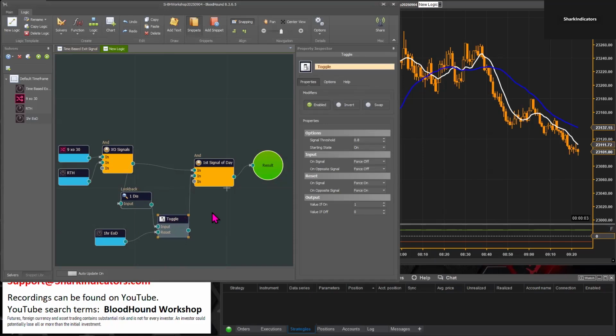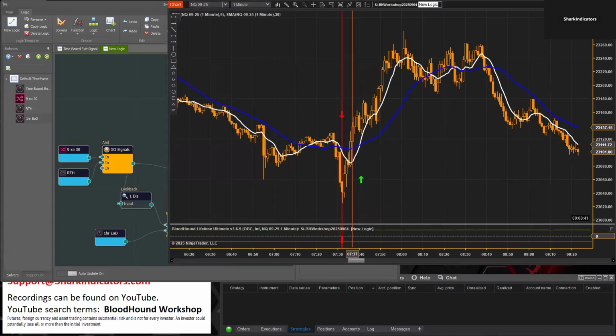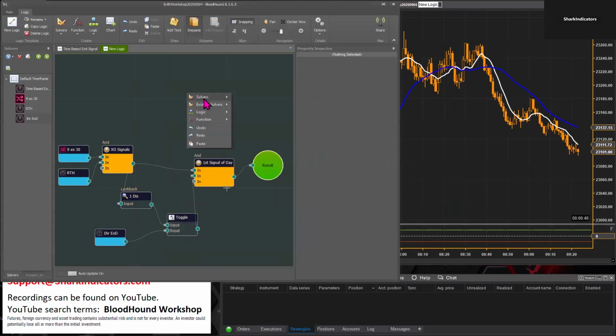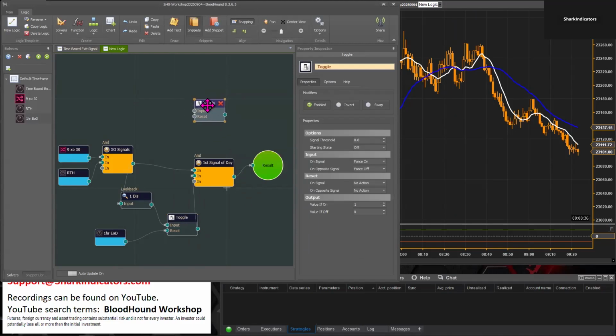So yeah, let's see here. Oh, also one other thing to note here is, with this example here, you'll notice the starting state, I actually turned it on. So why, right? Normally, let me put another new toggle node here, right? So the starting state is off by default here.